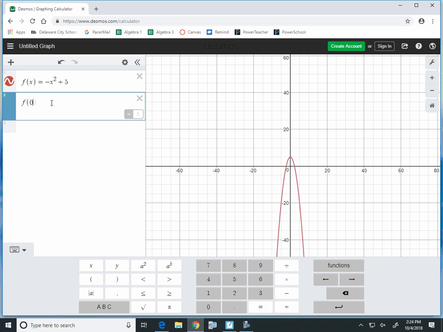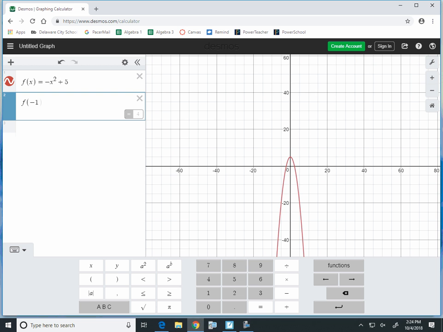Everybody getting 5 on that one? If not, you need to go back and check your equation. Okay, so f of 0 should be 5, and then you can edit that and type in negative 1, and it'll give you that next answer, which should be 4.